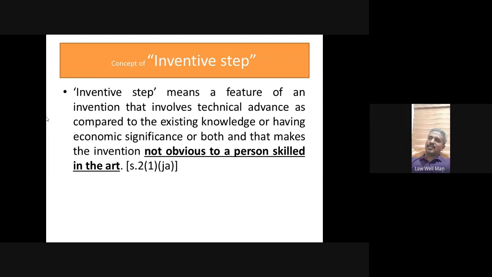Only if it has gone a step forward in the direction of invention, we call it as there is inventive step. And only if there is inventive step, we will be granting patent to the person concerned and for the invention concerned.